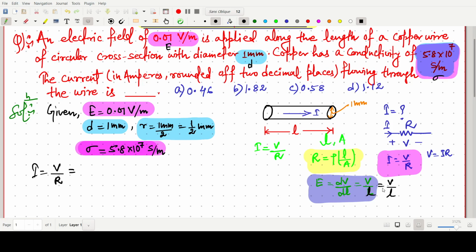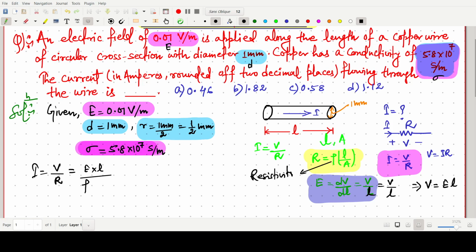The value of the voltage can be written as E times L, or simply E into L. And the R value can be written in terms of resistivity.